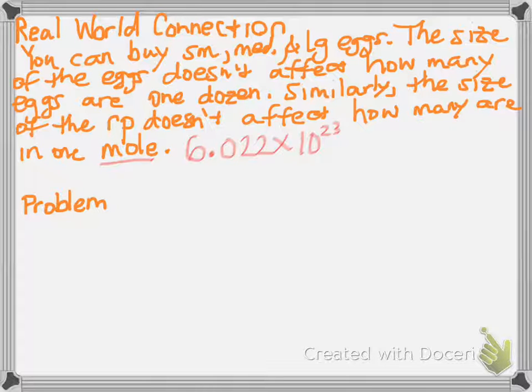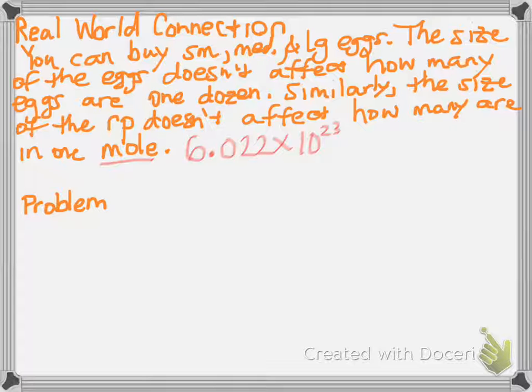You can also think about this with balls, right? If I have a dozen ping pong balls versus a dozen basketballs, right? The size that they take up, volume-wise, and their mass are different. And I still have a dozen.